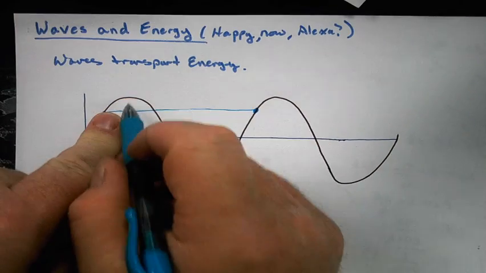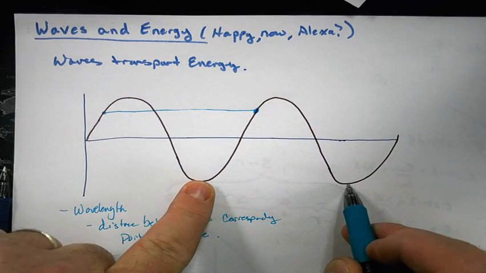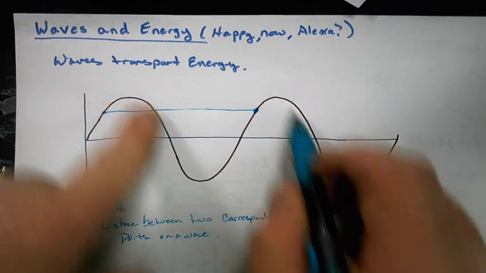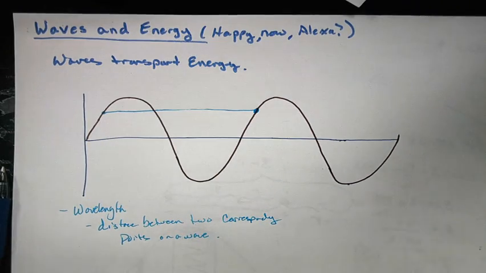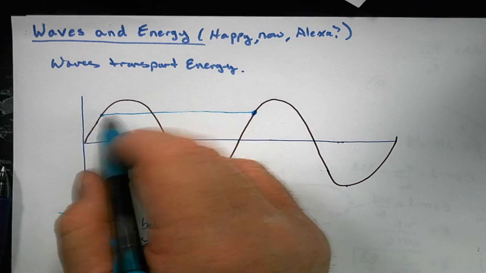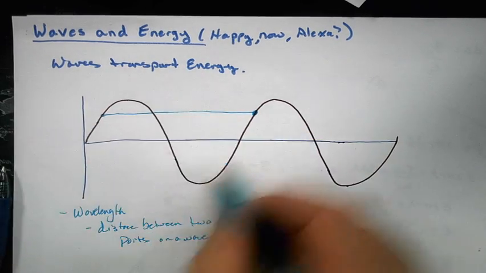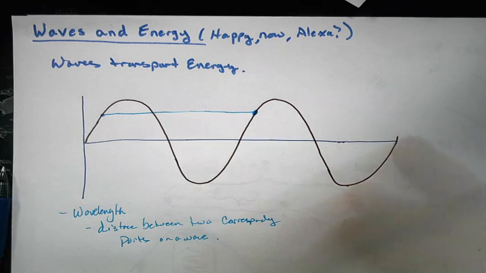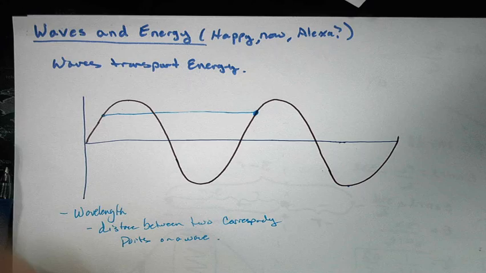So it could be from the top of the wave to the top of the wave, bottom of the wave to the bottom of the wave. Those points are corresponding, as opposed to two consecutive level points, because from here to here is not a wavelength. From here to here is not a wavelength, but it has to be at the same point on the next wave.